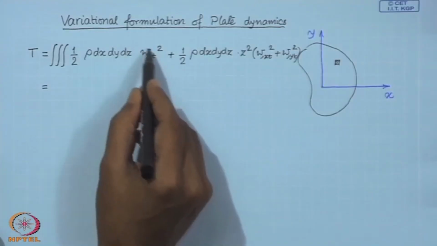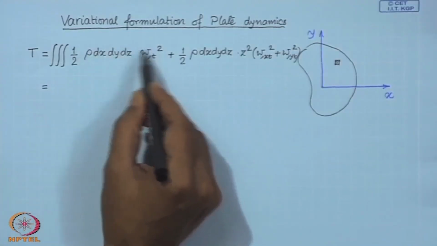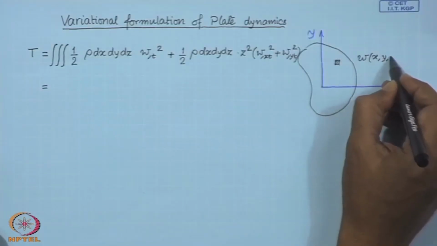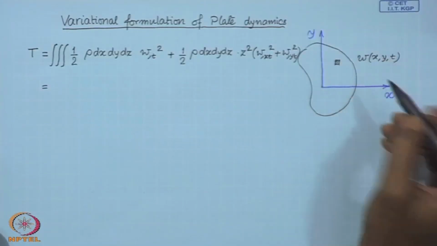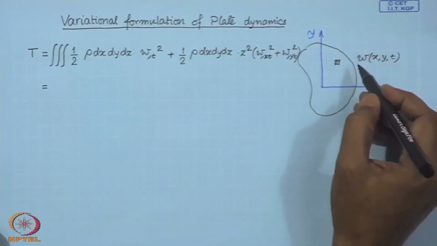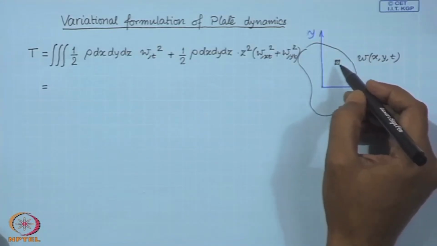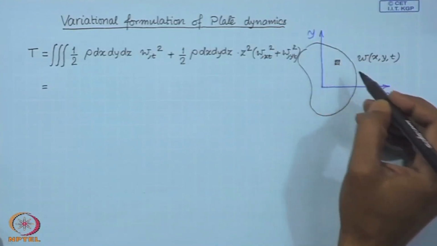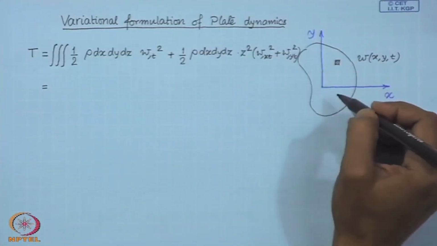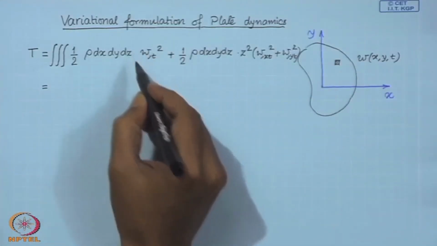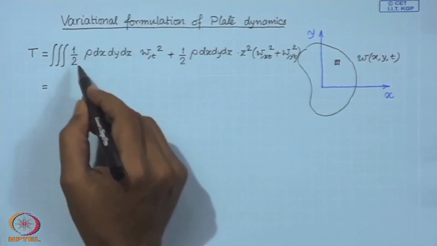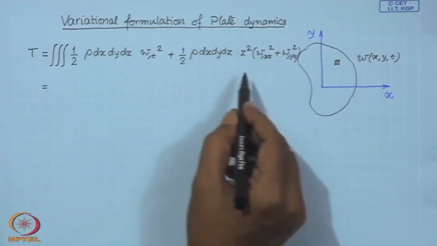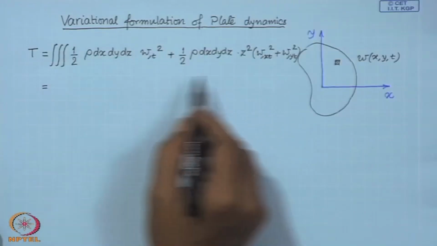Now, since this field variable tracks the transverse displacement of the neutral plane of the plate, it is independent of z, and if the density is uniform, with all those nice conditions, there is nothing in the integrand that is a function of z.